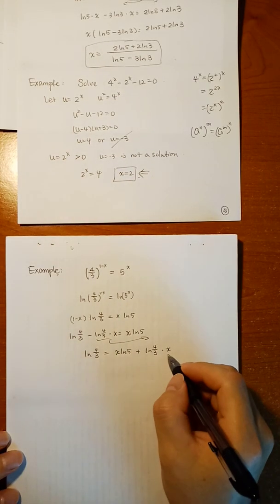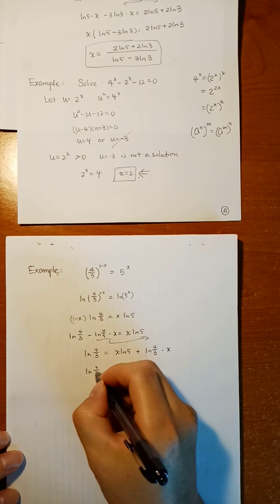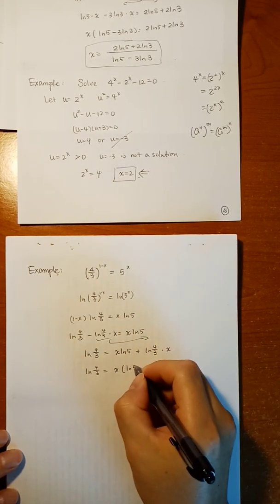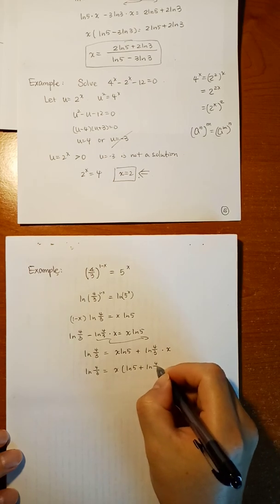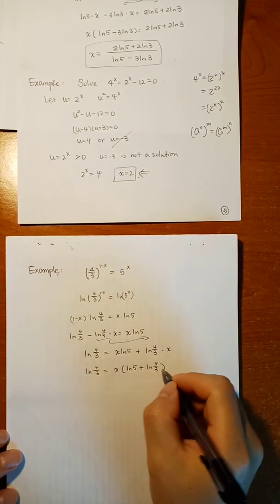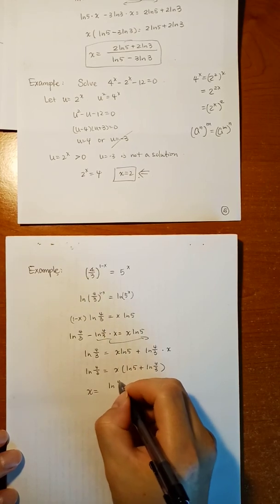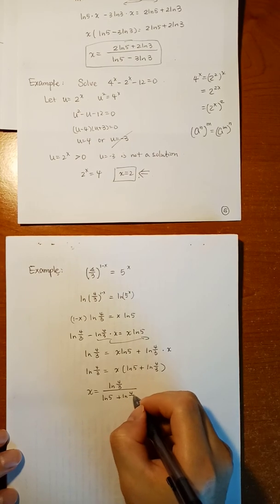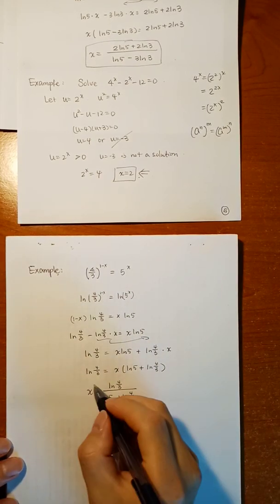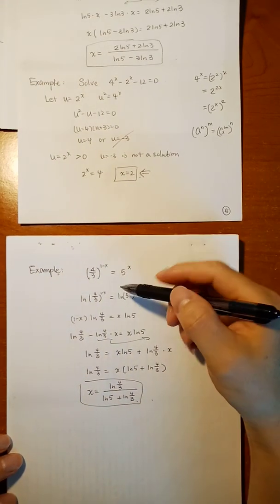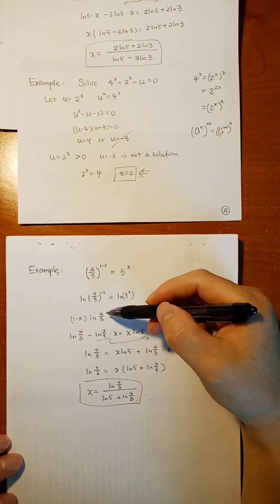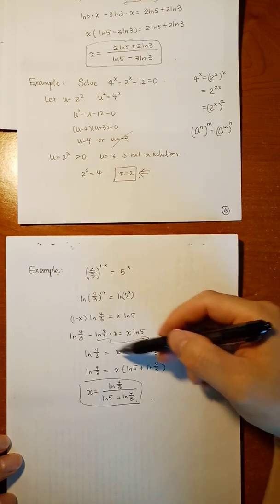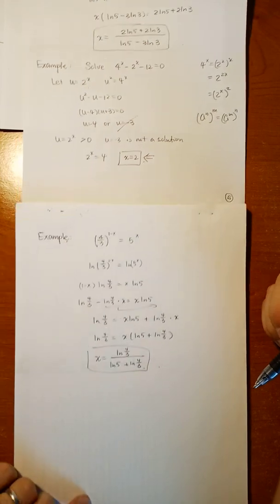Okay, and then you factor out x. You divide everything by the coefficient of x. Okay, so this is the answer. You don't have to simplify it. Let me check if I made a mistake or not. Over here, it's positive log 5 plus this. Okay, I assume I got it right.